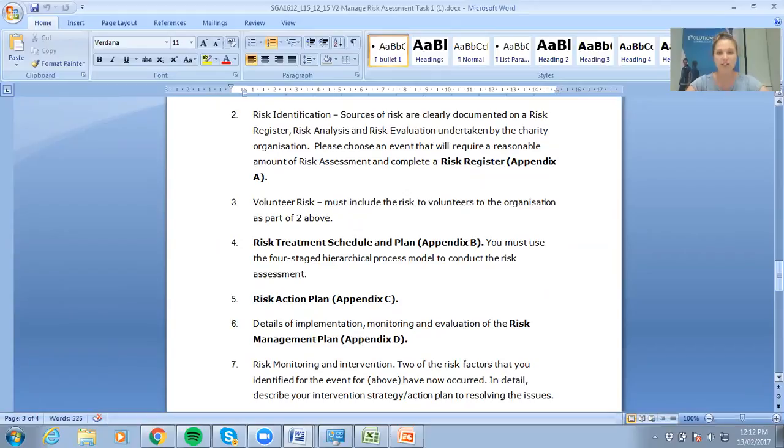So you need to download Appendix B, which I've already done, and I'll bring that up for you now. So you must use the 4-stage hierarchy process model to conduct this risk assessment.